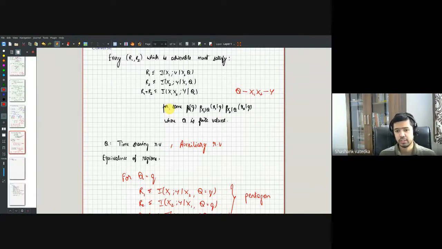But fortunately, the search space is not too large. So you can find a Q which is of suitably small size, and then you look at all these possible distributions and find whether these conditions are satisfied for some joint distribution.